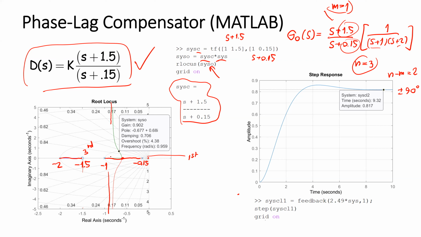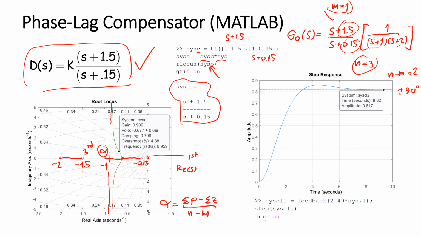The intersection point between the asymptote and the real axis is going to be the summation of poles minus the summation of zeros divided by n minus m.